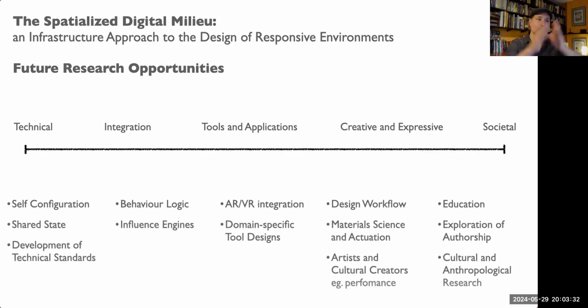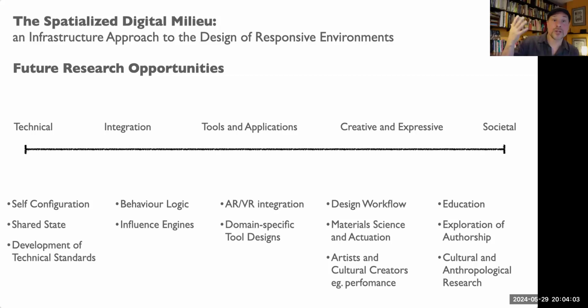And so across a whole spectrum, from the deeply technical of how do we share data and how do we encode these algorithms so that they're easy to deploy across different platforms in real time, to tools and applications like what happens when you put on a VR headset in a spatialized digital milieu, what more can you see and how does that interface? A lot of HCI questions about what does it mean and how do you know that you're in this space, and how do you empathetically interact with this space?